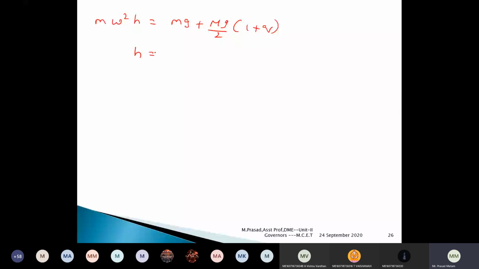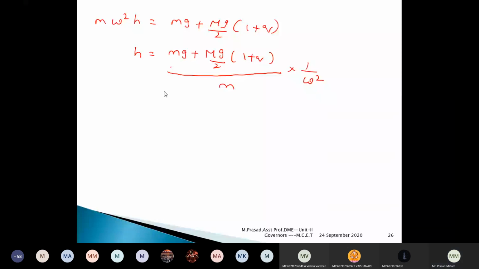Can anyone solve parallel to me? How can you write this? Keep mg. Just now this is capital Mg by 2 into 1 plus q, into 1 by omega square.